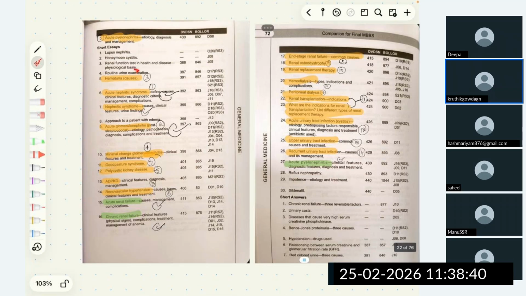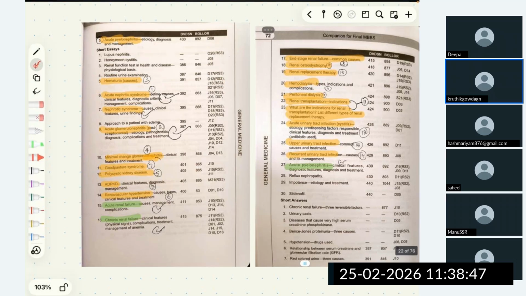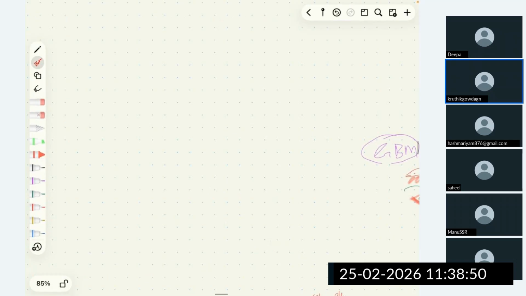Next is hematuria. Hematuria, the term itself tells that it's nothing but excretion of blood in urine, RBCs in urine. Hematuria can be of 2 kinds. It can be macroscopic or microscopic.